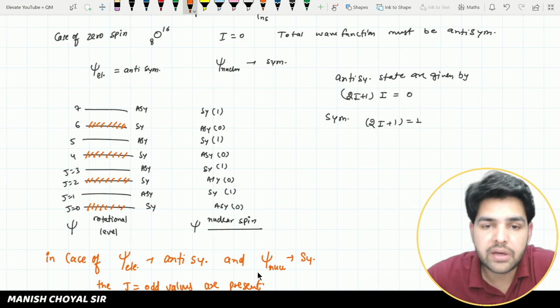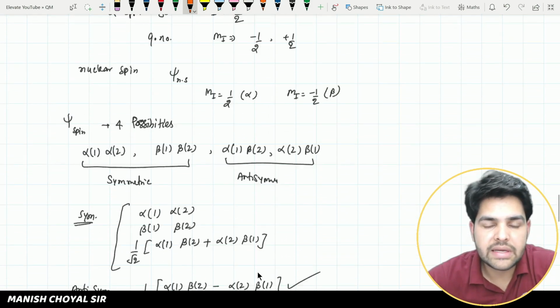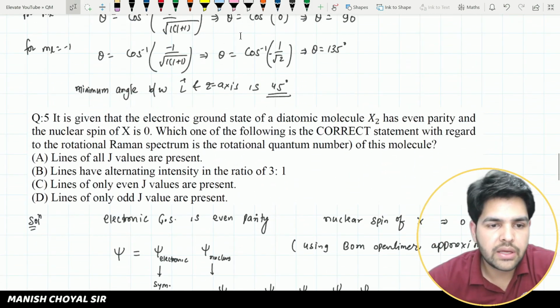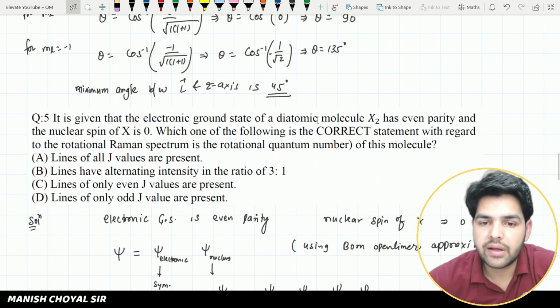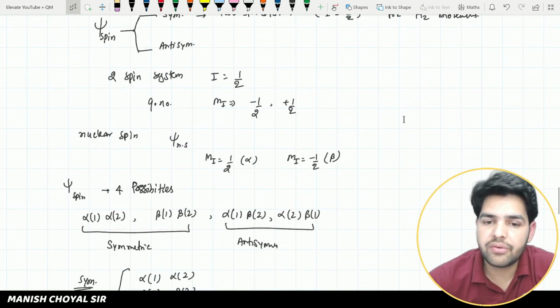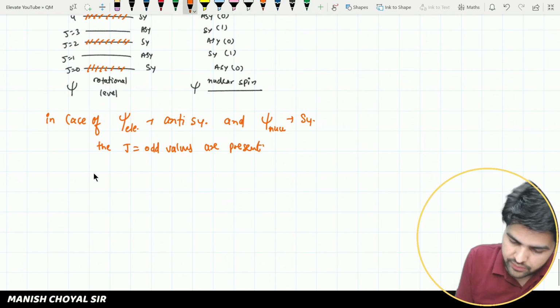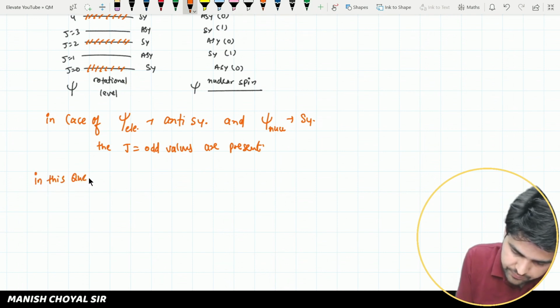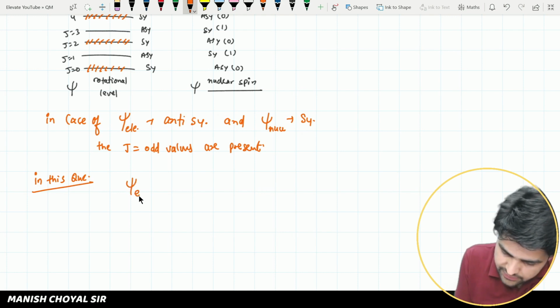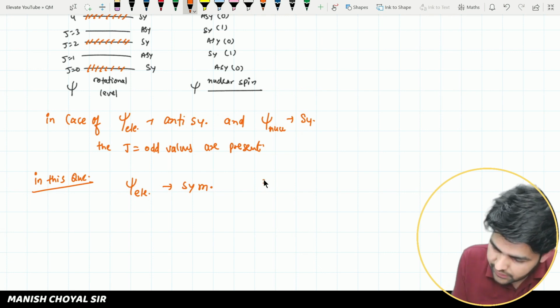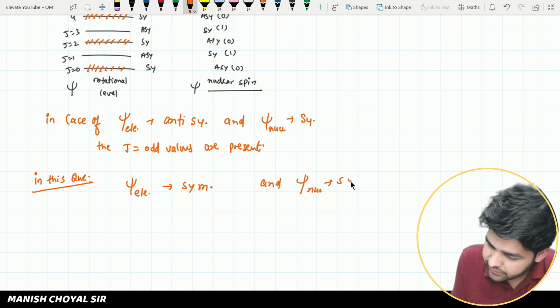But at the beginning of the question, they clearly mention the electronic ground state of the diatomic molecule X2 has even parity. So in this question psi electronic is symmetric and psi nucleus is also symmetric.